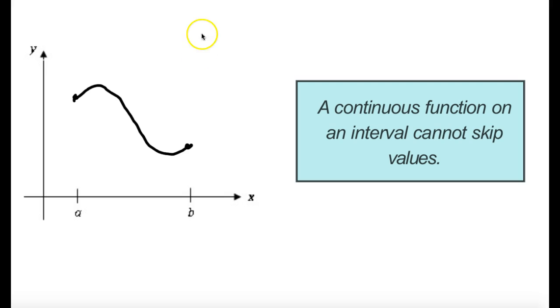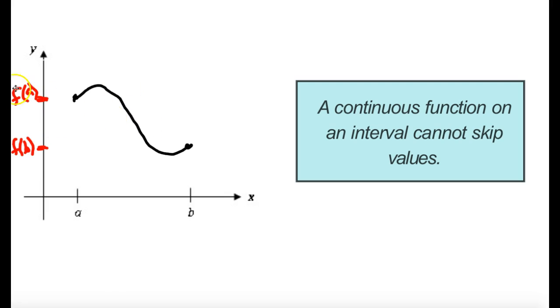So here we've got some y value at a, and then down here we've got some y value at b. We call them f of a and f of b, the function values. What this theorem is saying is that in between these two y values, the function is going to hit every single y value in between.